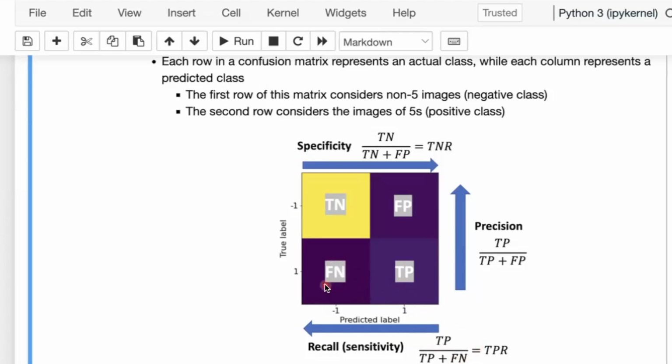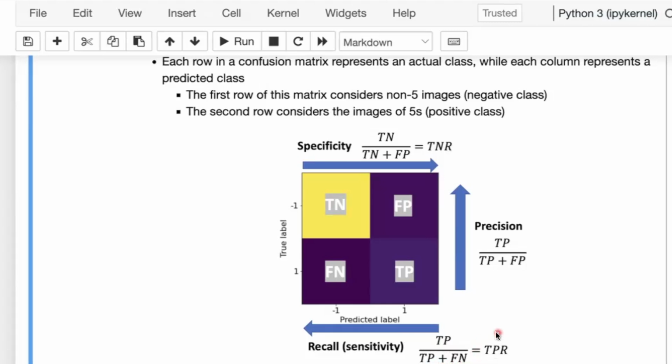This means that among all the data points that are actually positives, what percentage of them are predicted to be positive? Which means that here we are very careful about the number of false negatives. And this is also called true positive rate, right? Because it's true positive over true positive plus false negative.